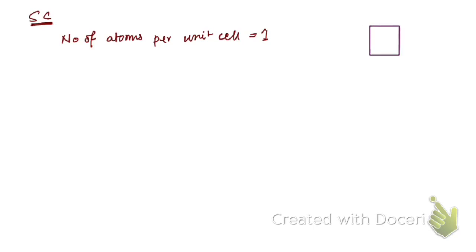Now you see, for SC simple cubic structure, the number of atoms per unit cell is 1, because you see, suppose this is a unit cell for simple cubic structure.